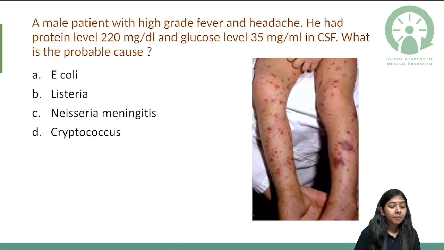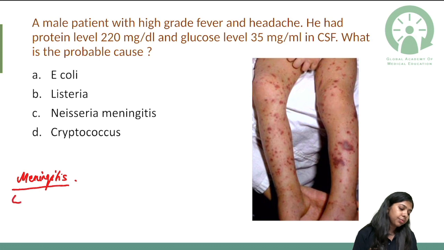Okay. A male patient with high grade fever and headache had protein levels of 220 milligram per deciliter and glucose levels of 35 milligram per deciliter in the CSF. What is the probable cause? See, all the features that he's having, fever, headache, and the CSF findings, are suggestive of meningitis, right?